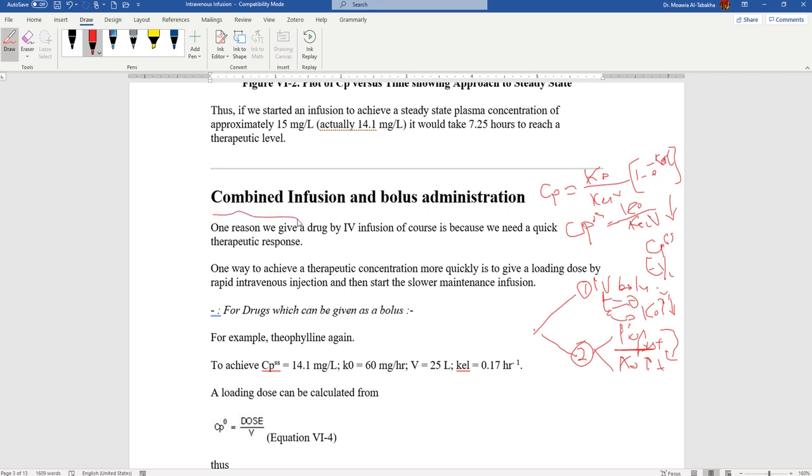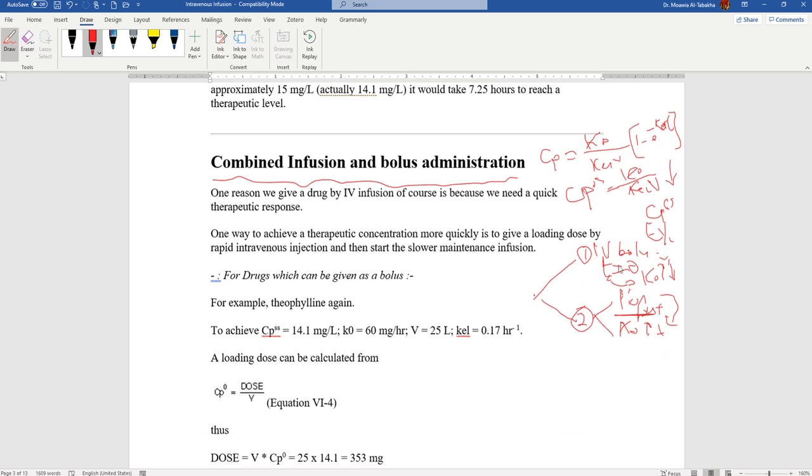First, we will use combined infusion and IV bolus administration, the first case. If you remember, let me draw for you the following.